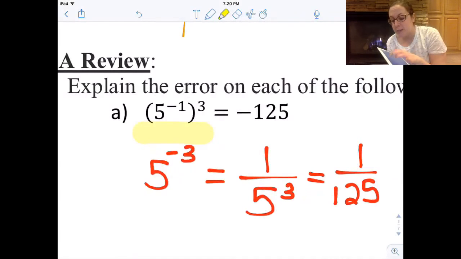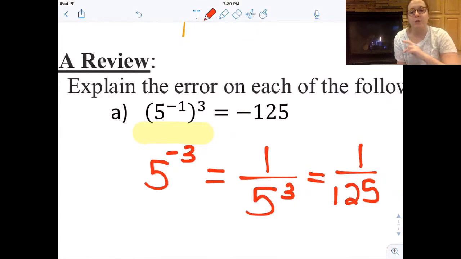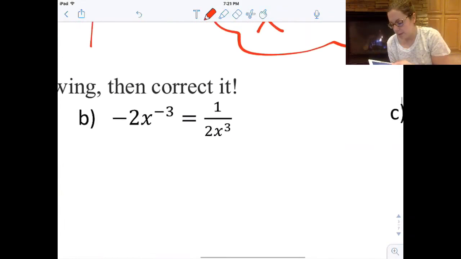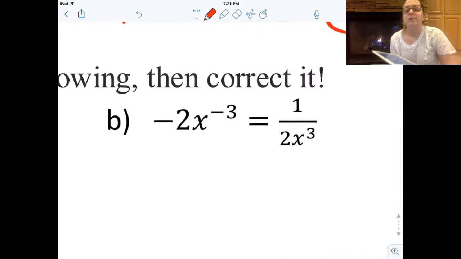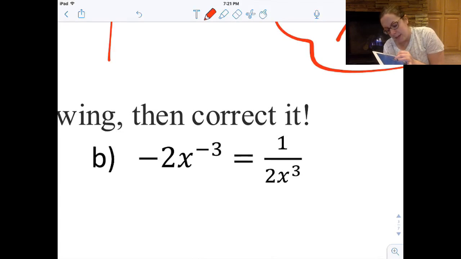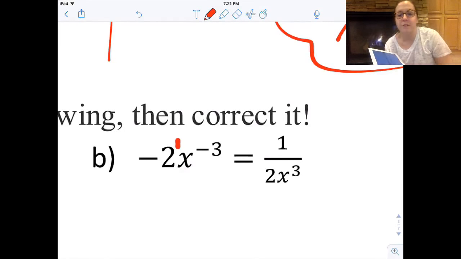All right, let's look at this next one. So negative 2x to the negative third. I want you guys to remember that negative 2 is really just negative 2 to the first. The reason I would flip something is because it has a negative exponent. Negative 2 does not have a negative exponent here. So this is really just negative 2 to the first.